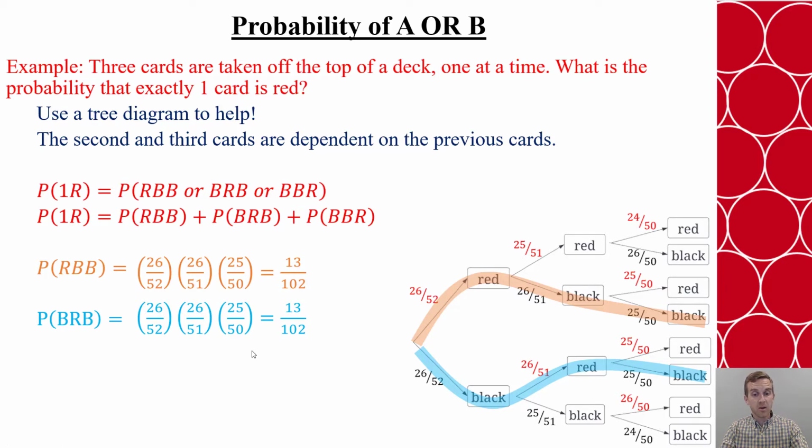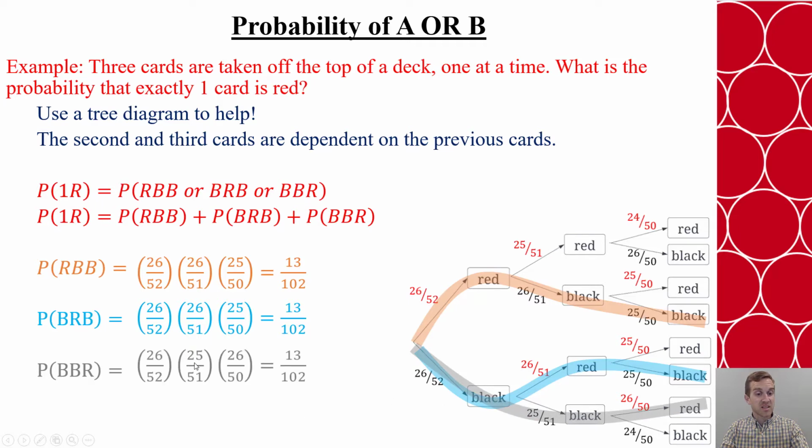Now I can go black, black, red. So I'm going to follow this bottom path, which goes 26/52 times 25/51 times 26/50, which is 13/100 as well. And because it's an OR, I will add all of those probabilities together, which will end up being 13/34. So there's a 13/34 chance of pulling a red card exactly one time out of these three.